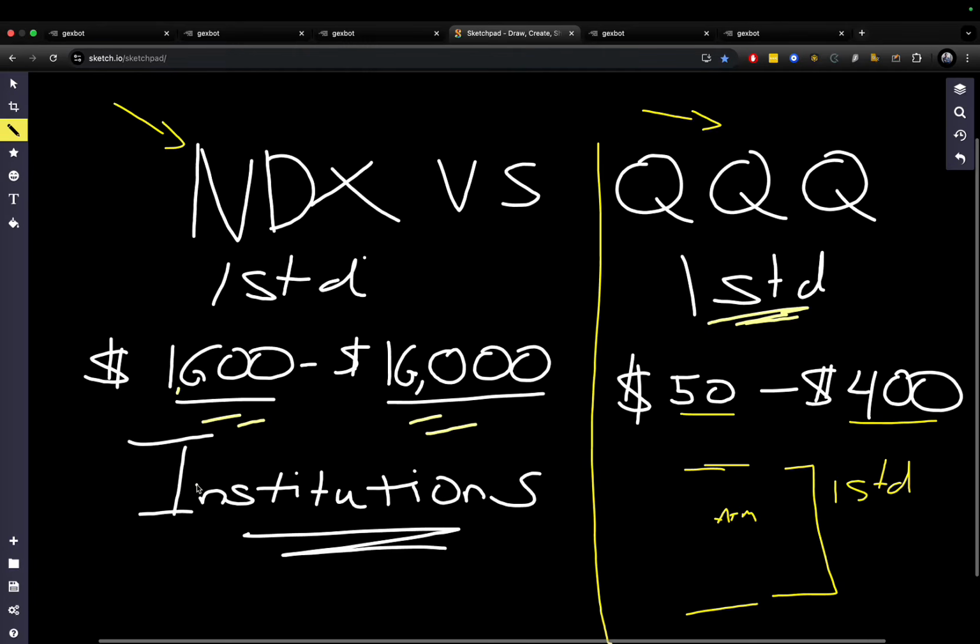They don't come to the market and buy one or two contracts. They usually come with 1,000 contracts, 500 contracts. So there is a lot of money, right? And I believe that's why the guys at GEXBot track the NDX and not the QQQ, right?